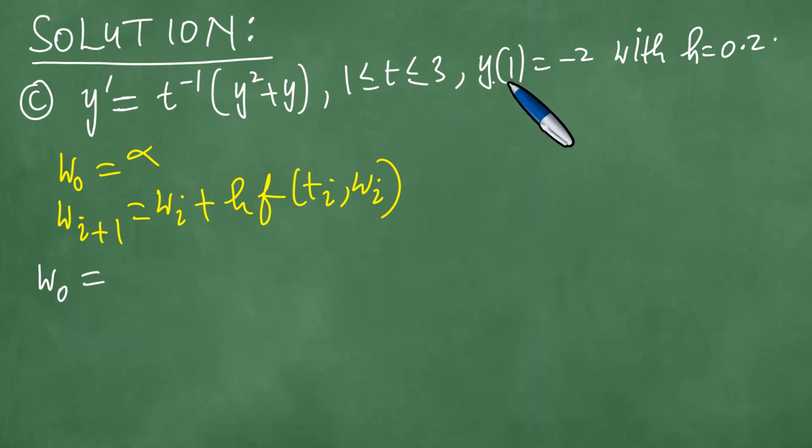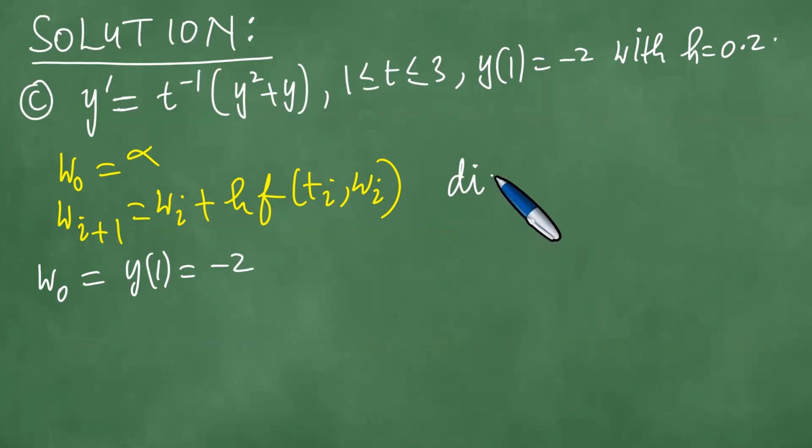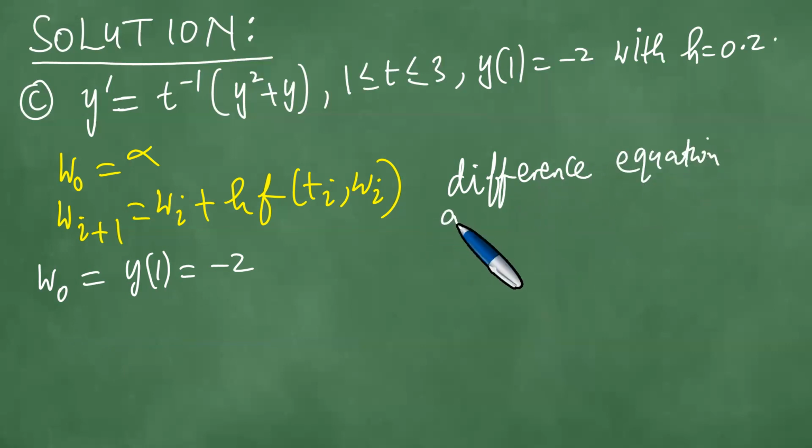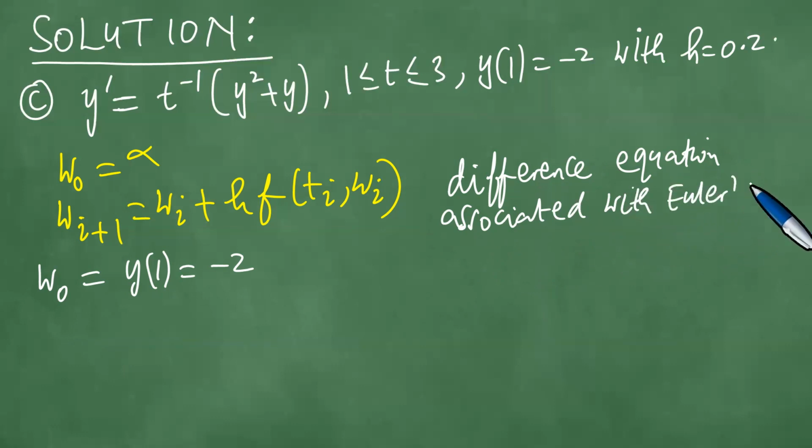W0 is the initial value, y at 1, which is minus 2. We need to get the rest of the values until we get to 3. But let's start first with the formula. We call this the difference equation associated with Euler's method. There are many difference equations, but this one is associated with Euler's method.